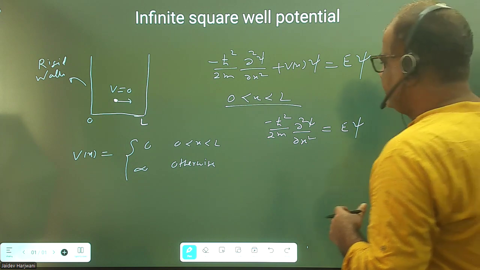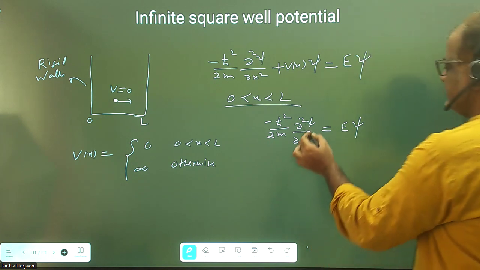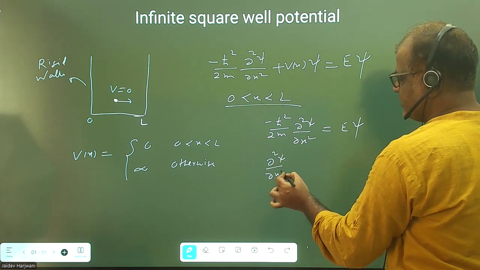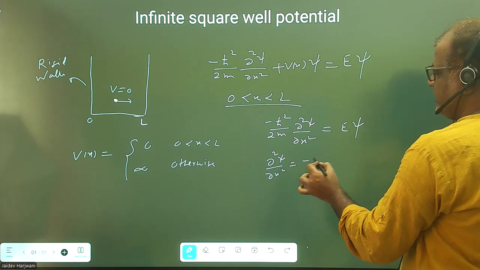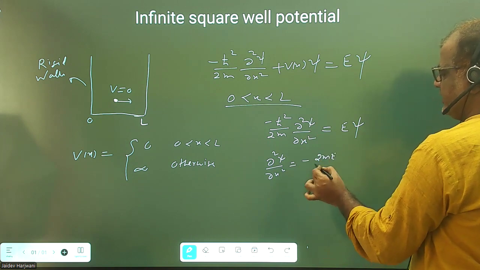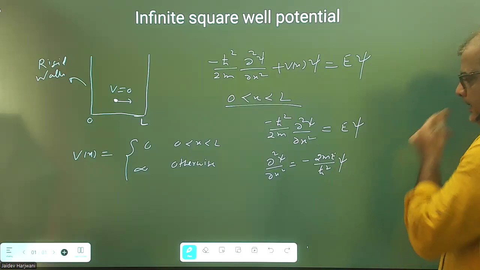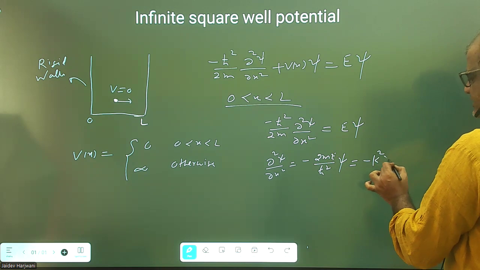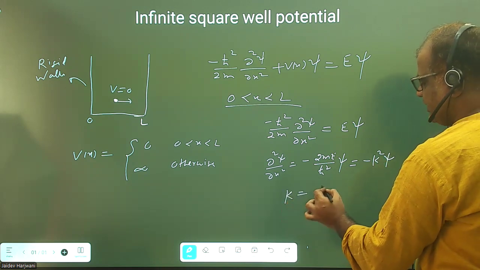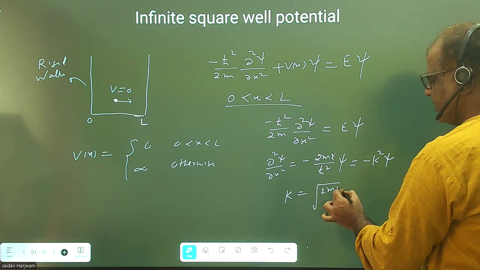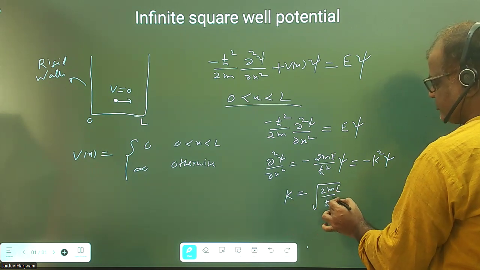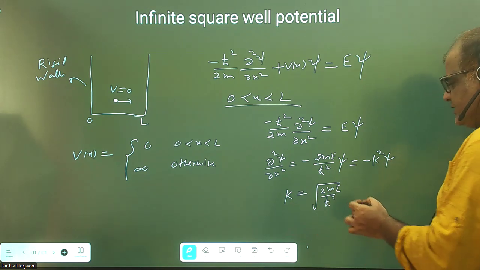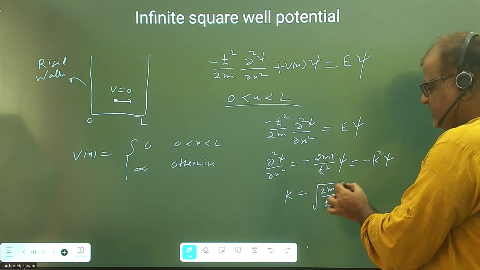Now if you solve it further, del 2 psi upon del x squared will be equal to minus 2mE upon h cut squared psi, and this I'm writing as minus k squared psi, where k squared is 2mE upon h cut squared. Here k is positive, E is positive.